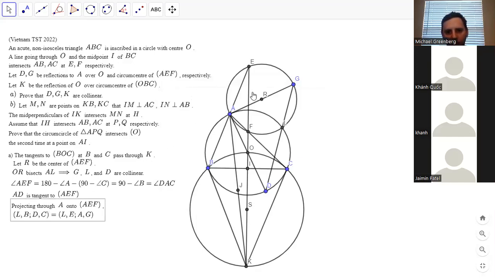because the tangents at A and L, or I'm sorry, LEAF. Where did I say G? Yeah.